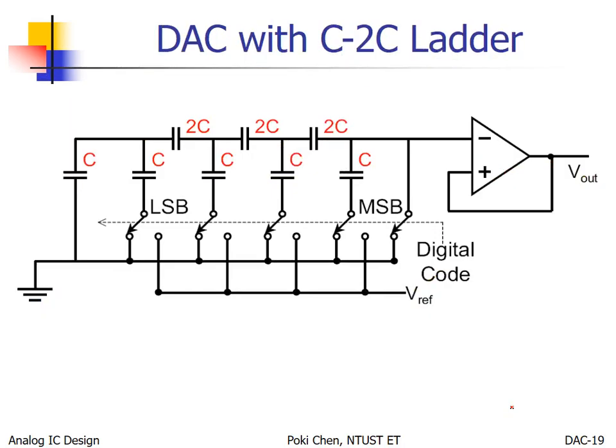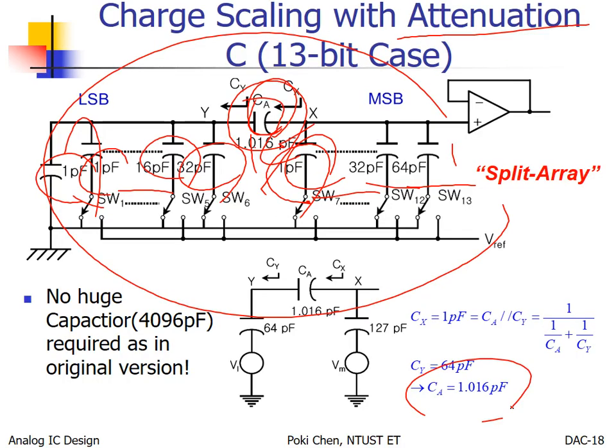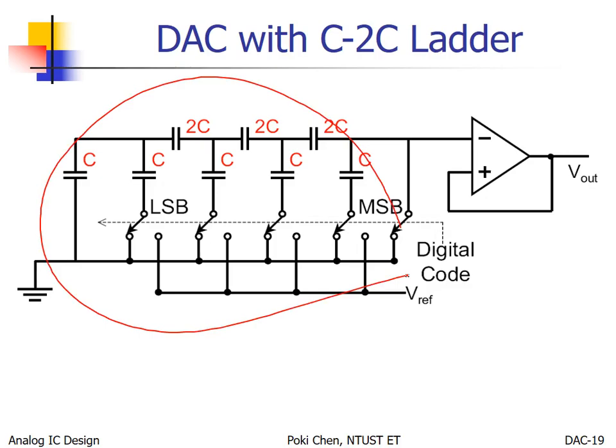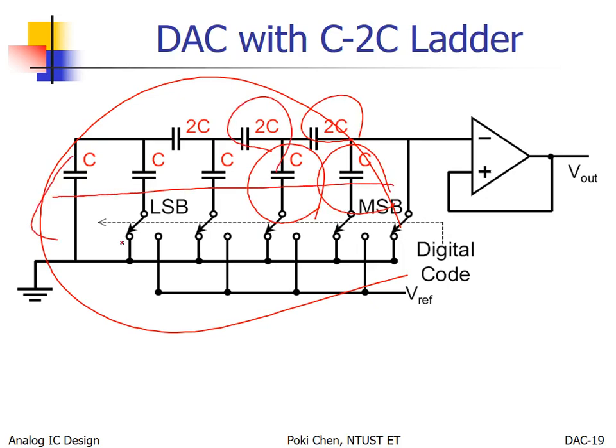And then if we go further, you can see, hey, you have this idea, so we can apply such attenuation again and again. From MSB attenuation, the second MSB attenuation, all the way to LSB.